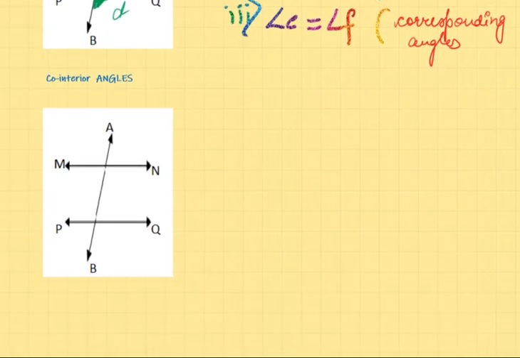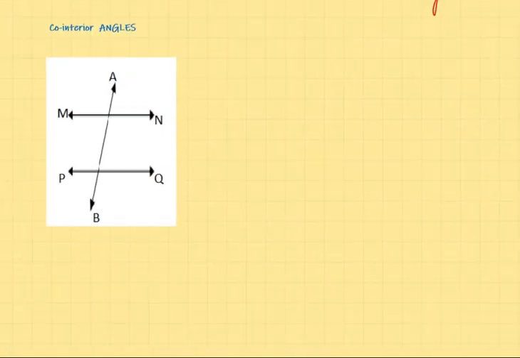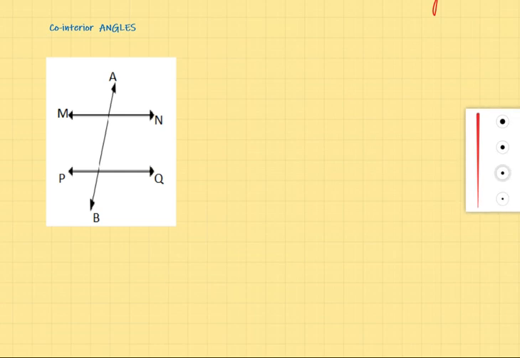Last type of angles that exist between the parallel lines. First, parallel lines को पहले mark कर लीजिए. Again, MN is parallel to, तभी ये property use होगी, AB.